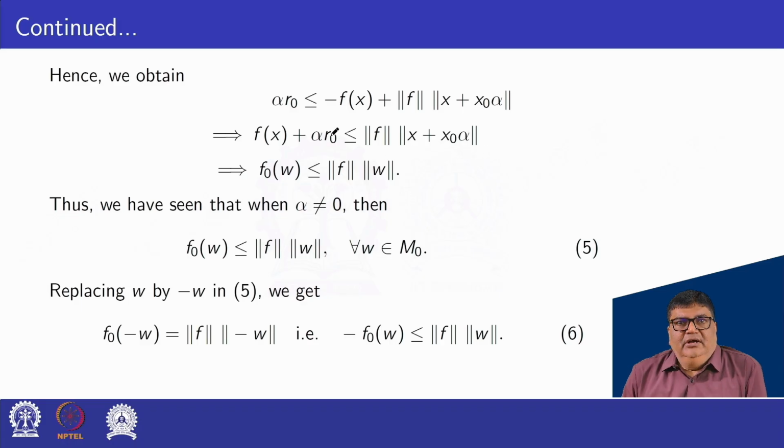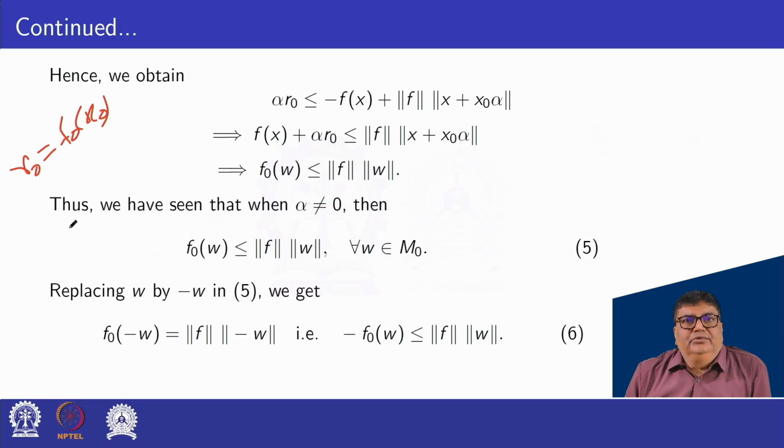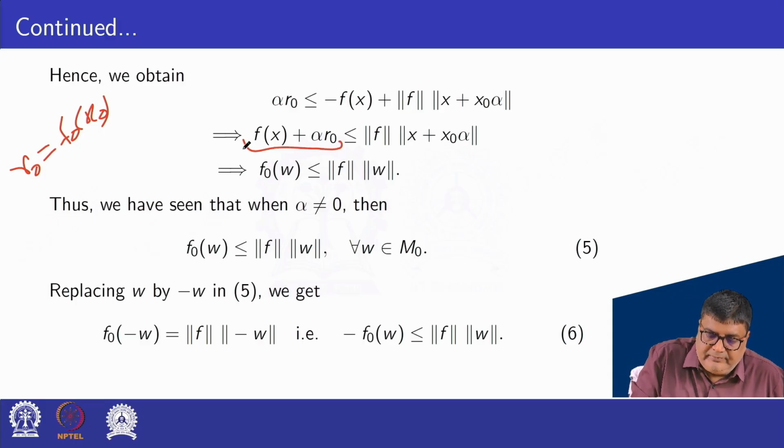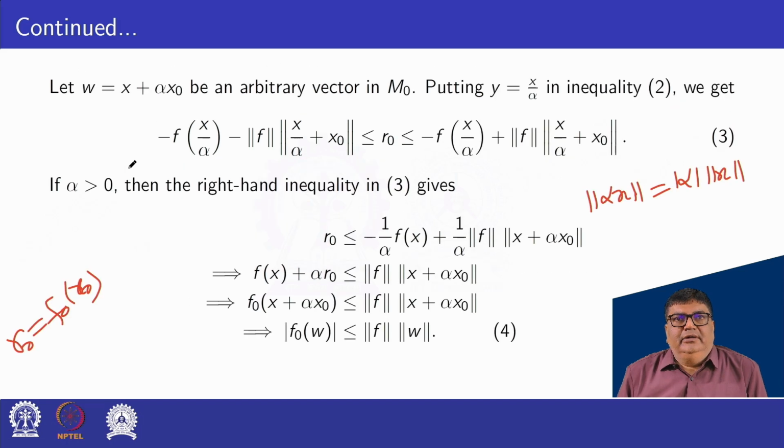Again here R0 is equal to f0 x0. So this can be written as alpha into f0 x0 and here x belonging to M. So this term can be written as f0 of x plus alpha x0. Here x plus alpha x0 is w.